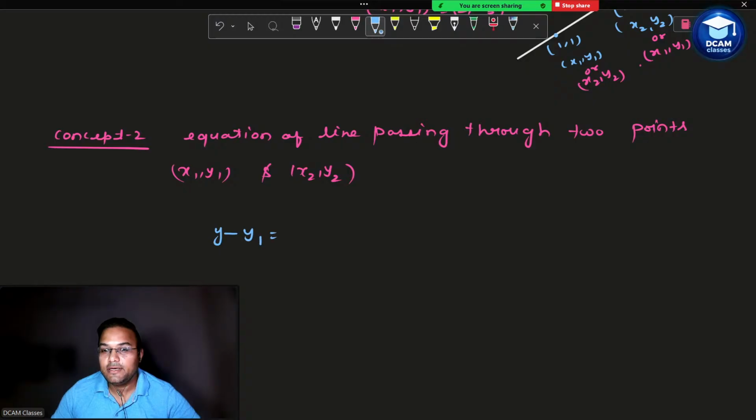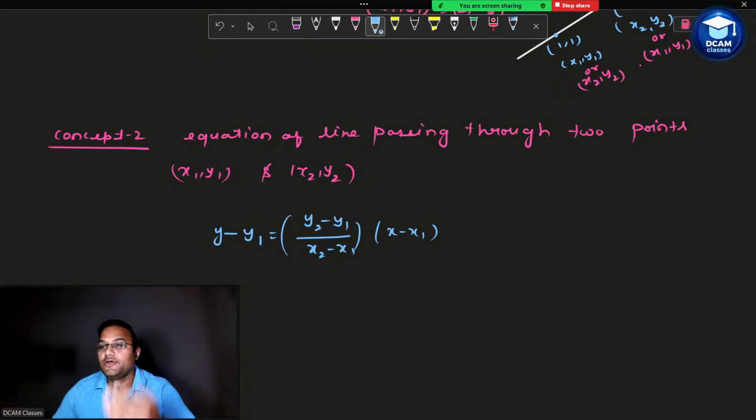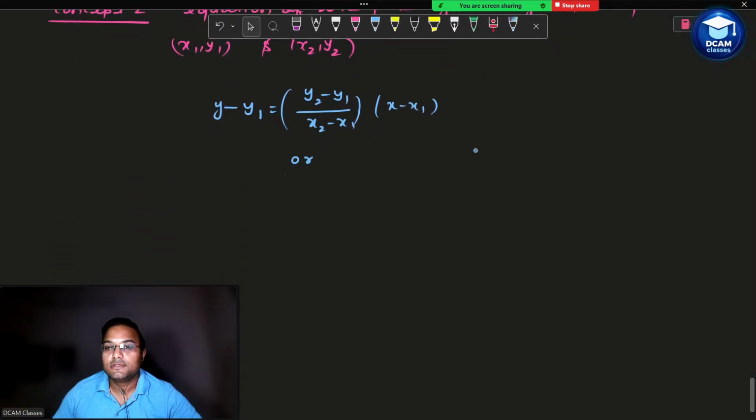Y minus y1 is equal to y2 minus y1 by x2 minus x1 into x minus x1. This is one. This is what you have done in the above problem. Or it can be this also: y minus y2 is equal to y2 minus y1 by x2 minus x1 into x minus x1. Both are correct.